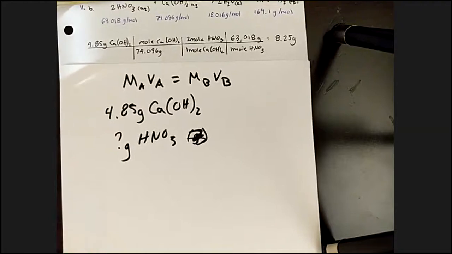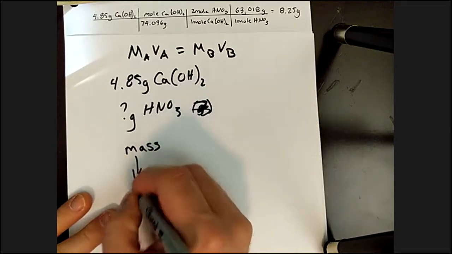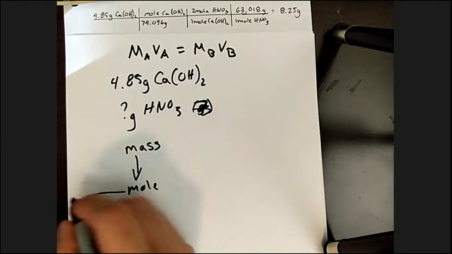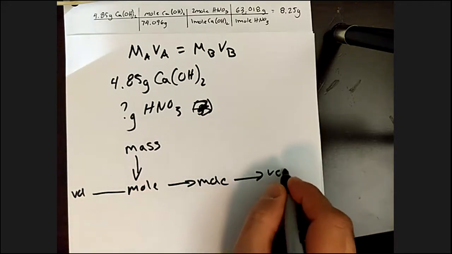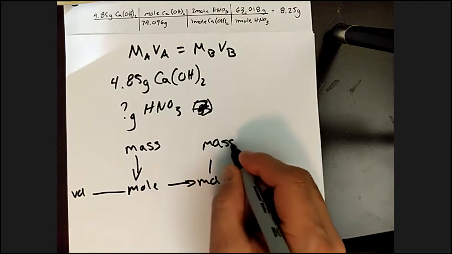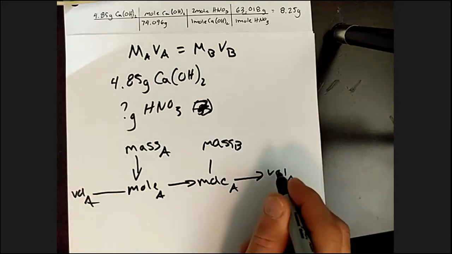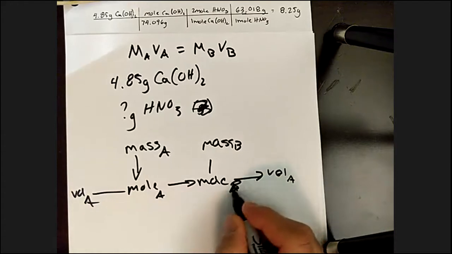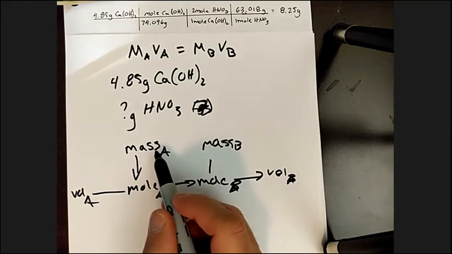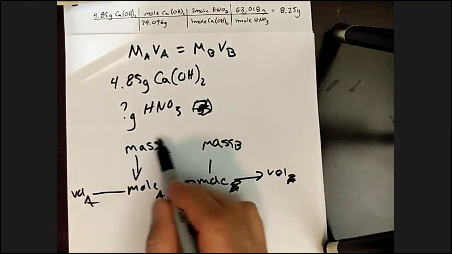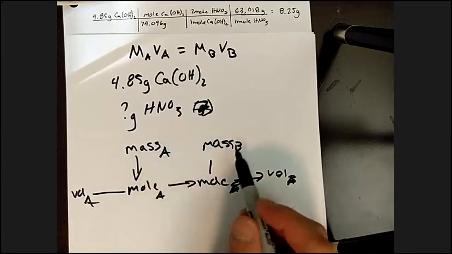So in this case, this first example, we're going from mass of A to simply what is mass of B. So it doesn't matter that A and B are both reactants.